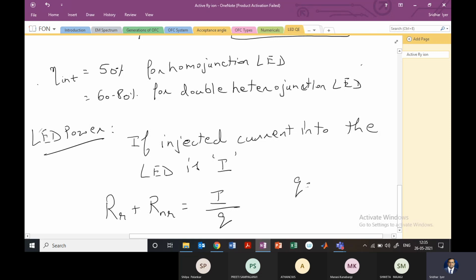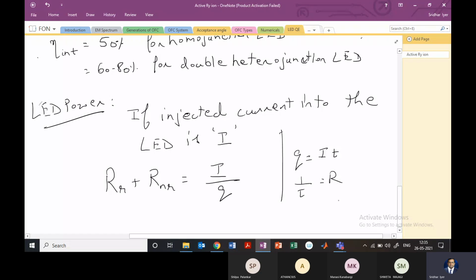Because you have Q equal to IT; charge is nothing but the amount of charge flow over time. So I'm just writing the number of recombinations per unit time, so 1 by tau just becomes R.